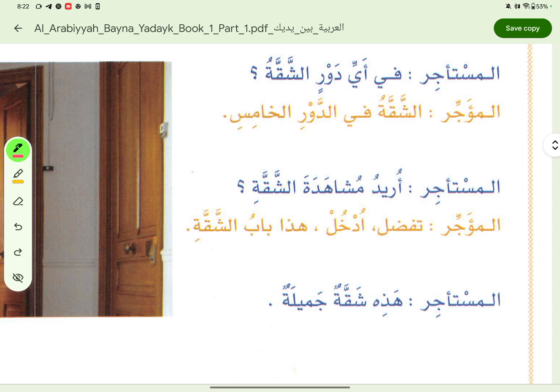Or for a female, they will say tafaddali, not ta'alay, which means come, or ta'al, yalla, for a male. Tafaddal has a lot of generosity and respect there when someone speaks like that.